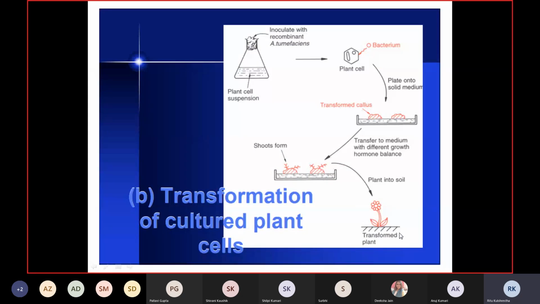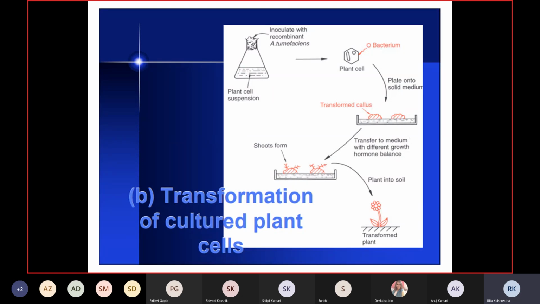And if I use a promoter which is expressed only in the petals, then it will be present only in petals, even though the gene is present in the rest of the plant cells as well. Okay. So this is one way, by use of Agrobacterium tumefaciens, how you can use the Ti plasmid as a cloning vector for transfer of genes into the plant cells.